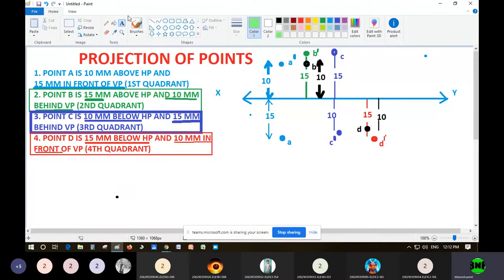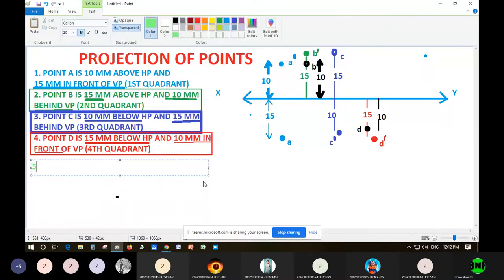Okay, so point E is on HP and 10 mm in front of VP, right?